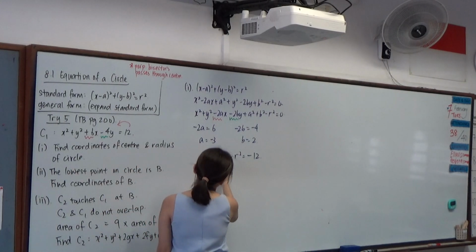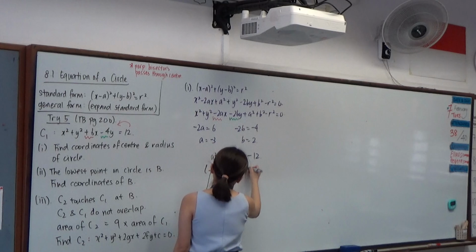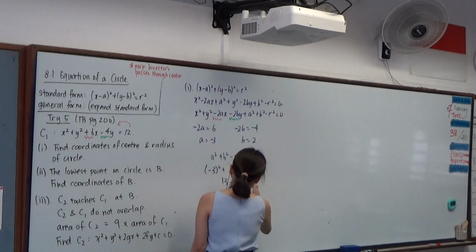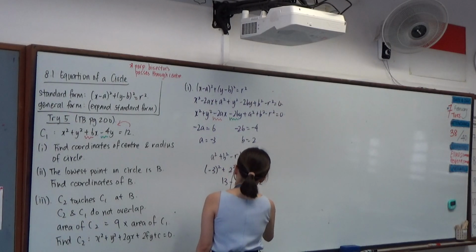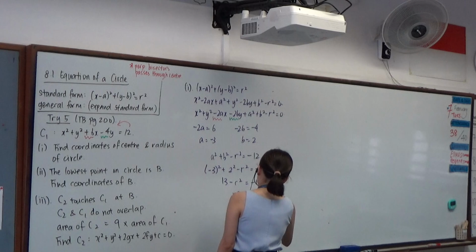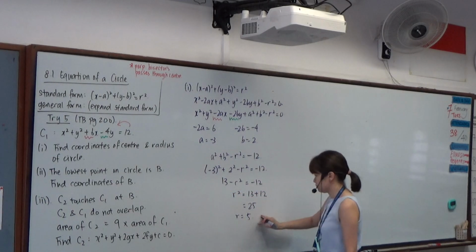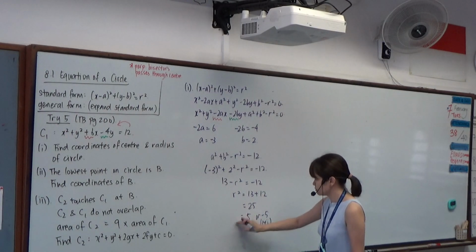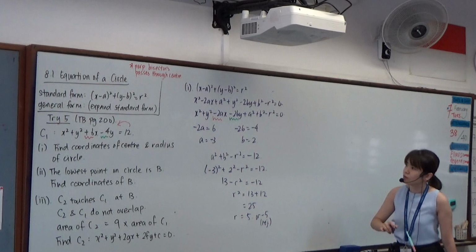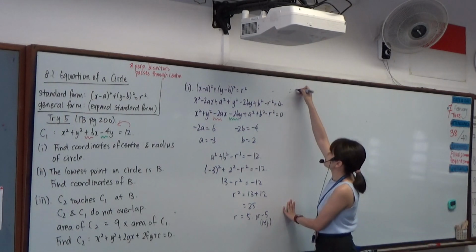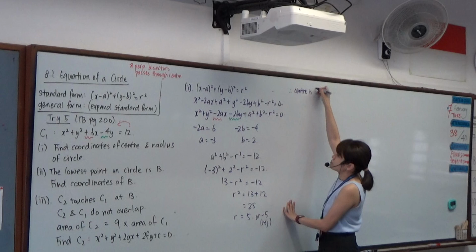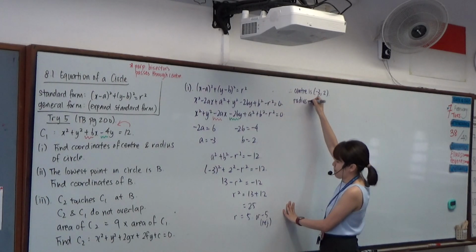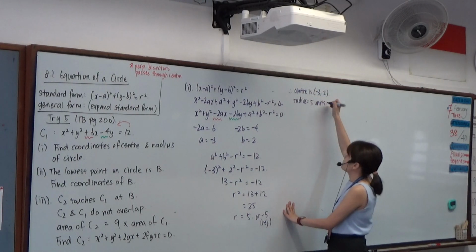Then place in the a and b: 9 plus 4, 13. So your center is negative 3, 2, and the radius equals 5 units.